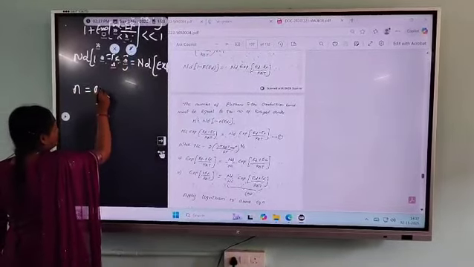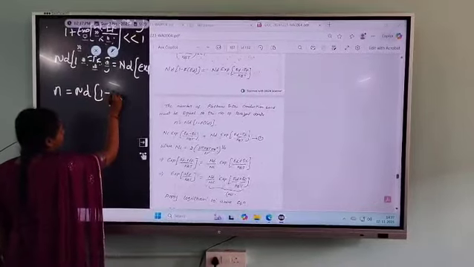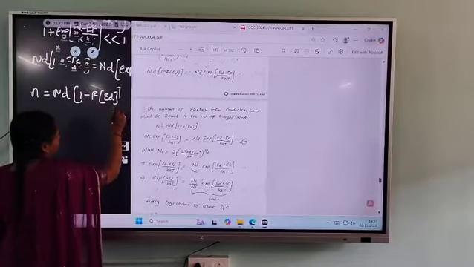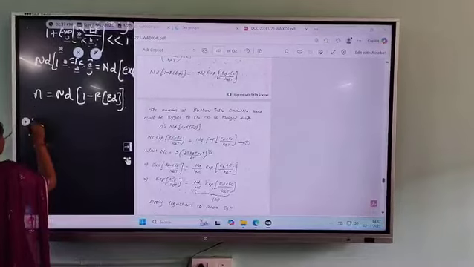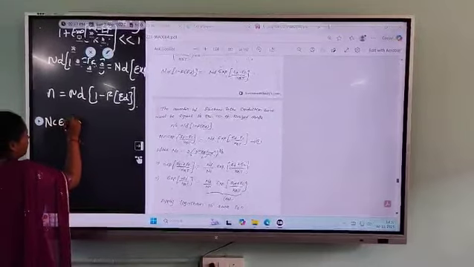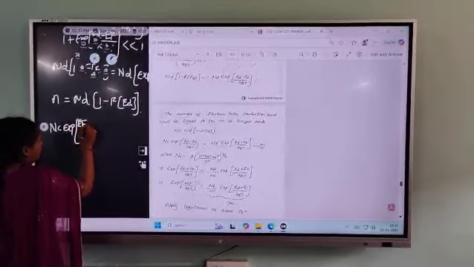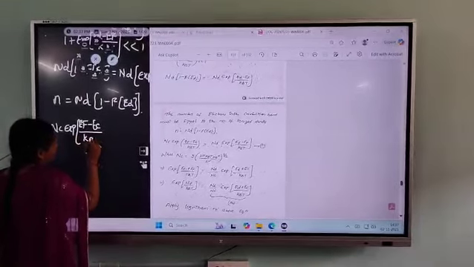Next, n is equal to Nc exponential of Ef minus Ec by kBT.